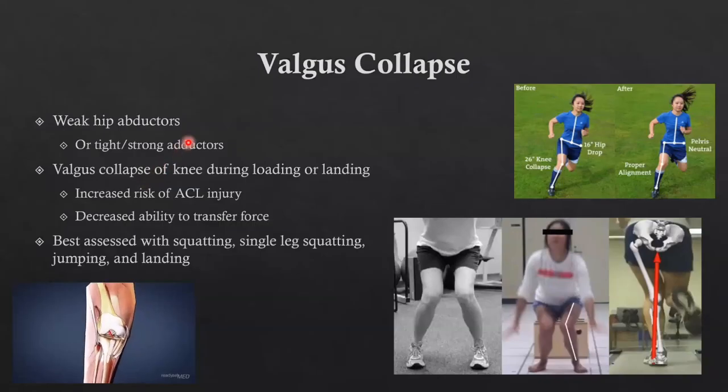Another clinical correlation here to consider is what we call a valgus collapse. And we actually see it more so in the knee, but you can also see this kind of caving inward on the upper thigh portion of our leg. And this is primarily due to weak hip adductors.